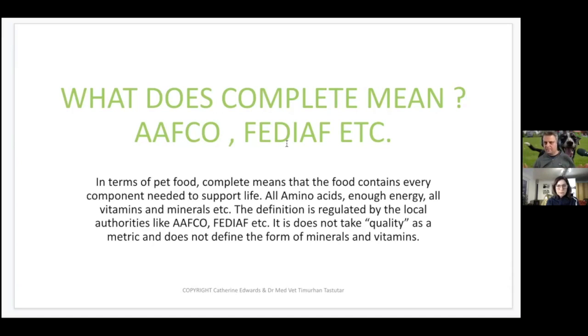That we are happy with that. But this definition doesn't regulate anything, like quality of any food. I mean, you can take the carrots from the junk that was thrown out from the supermarket and put them in the food. They don't care about that. That's still carrot. That's still this, all good. And the vitamins and minerals, they don't care how bioavailable they are. As long as the numbers fit, it's all accepted.